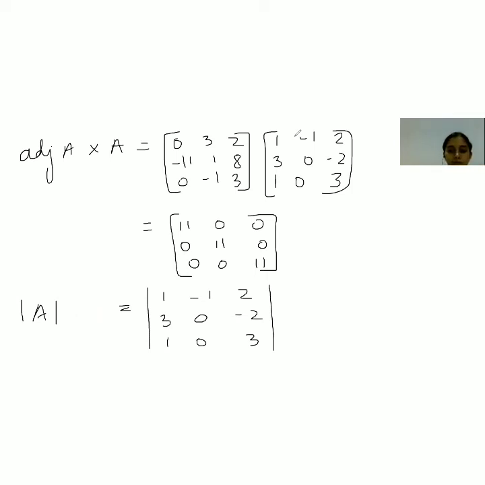So determinant is equal to 1 multiplied by 0 minus 0, that is 0, minus of minus will become plus 1, 9 plus 2, plus 2 multiplied by 0.